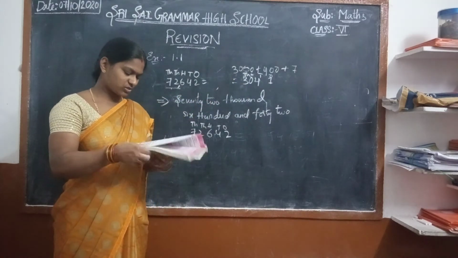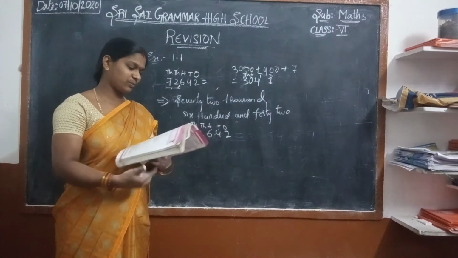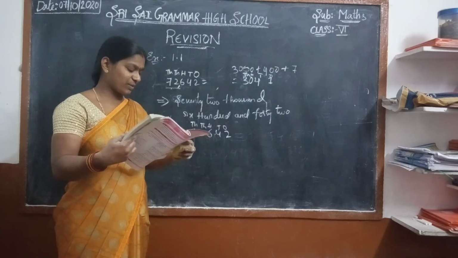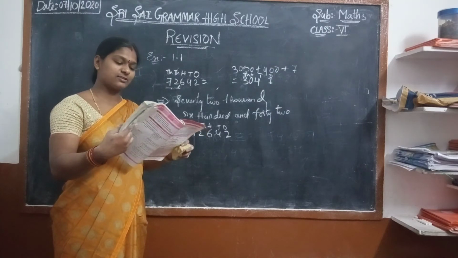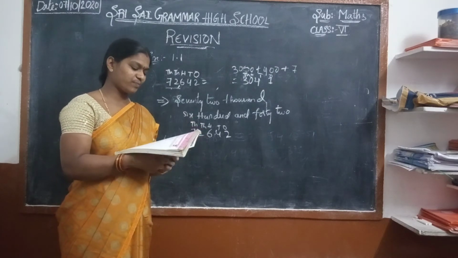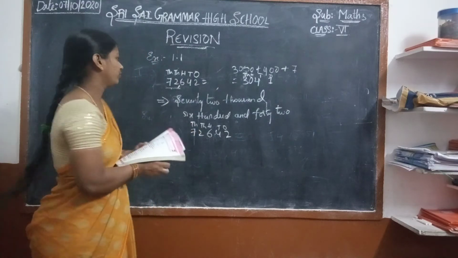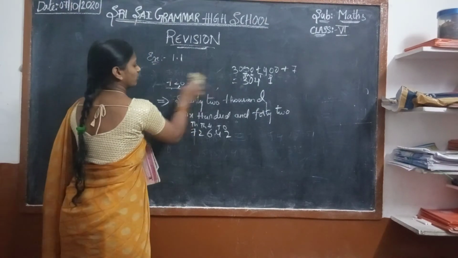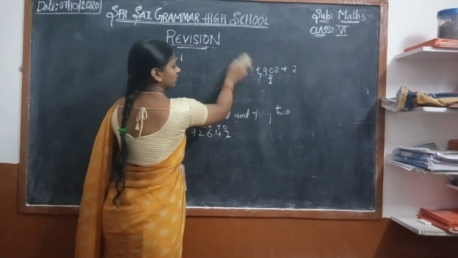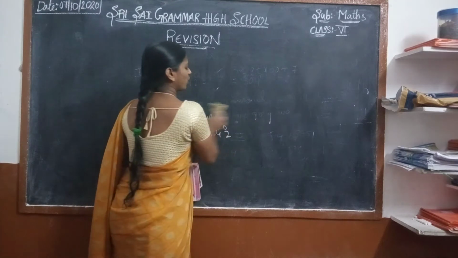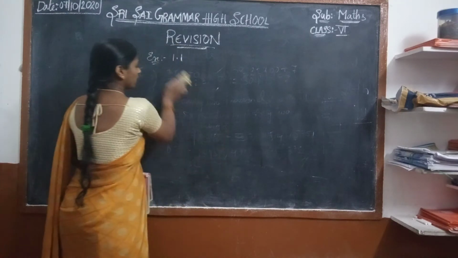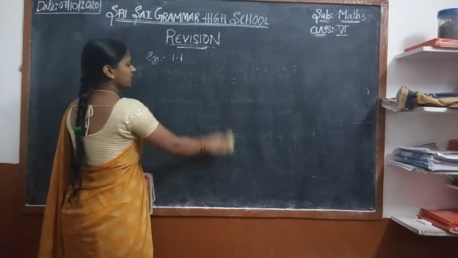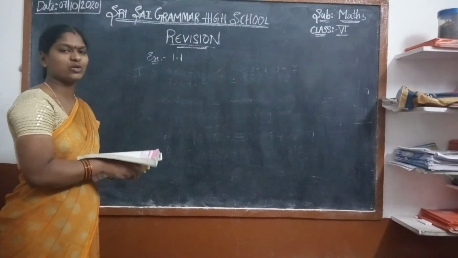Okay, and also open page number 1.3. By using commas in the Indian system and also the international system, we have to write the number name. Here also they may give any number. They don't give only from the textbook, they may give whatever number. You have to write it.